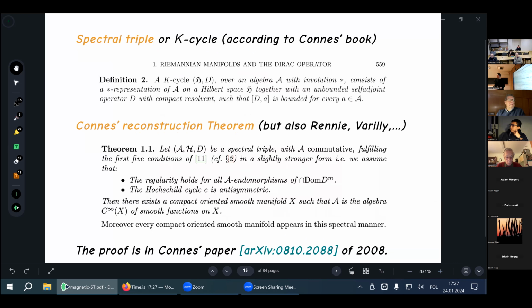Essentially, the theorem says the following: if I have a spectral triple, and if the star algebra is commutative, and if it meets a certain number of conditions that I don't want to stress here, then there exists a compact oriented smooth manifold X such that A is the algebra of smooth functions on X.